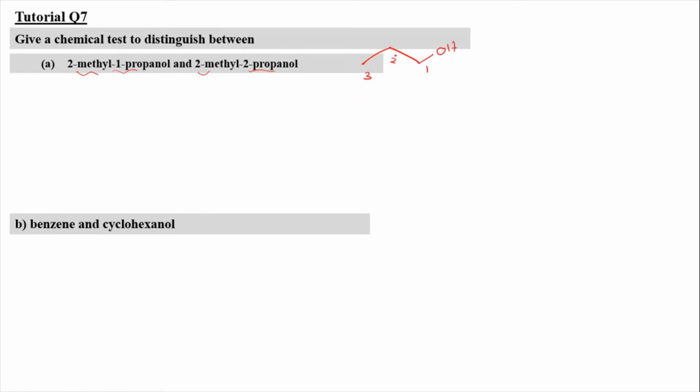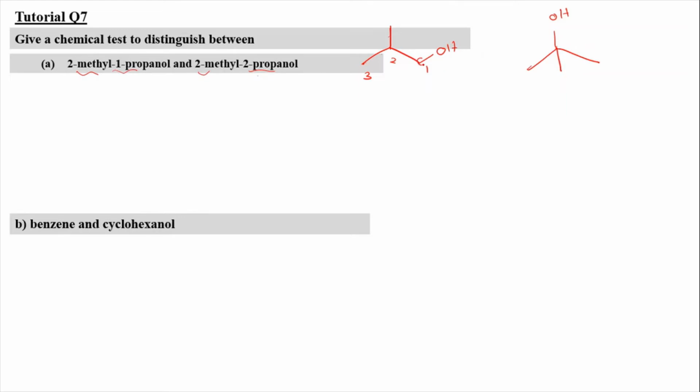At carbon number 2, it's going to be attached with methyl. So this one is 2-methyl 1-propanol, and if I draw 2-methyl 2-propanol, I'm going to get something like this. What differentiates these two is that they are different classes of alcohol.